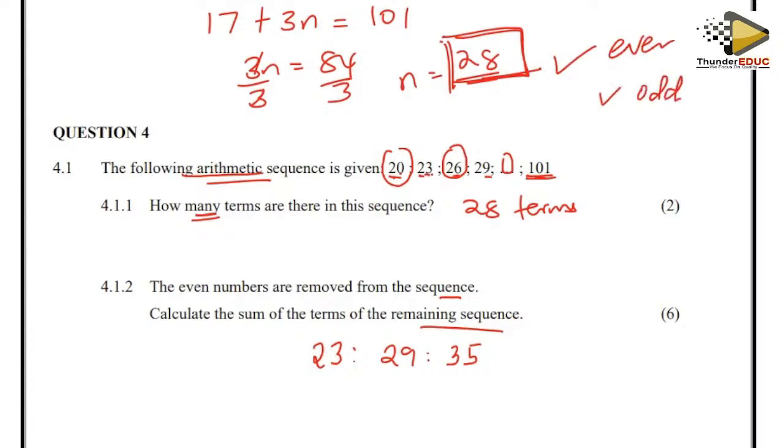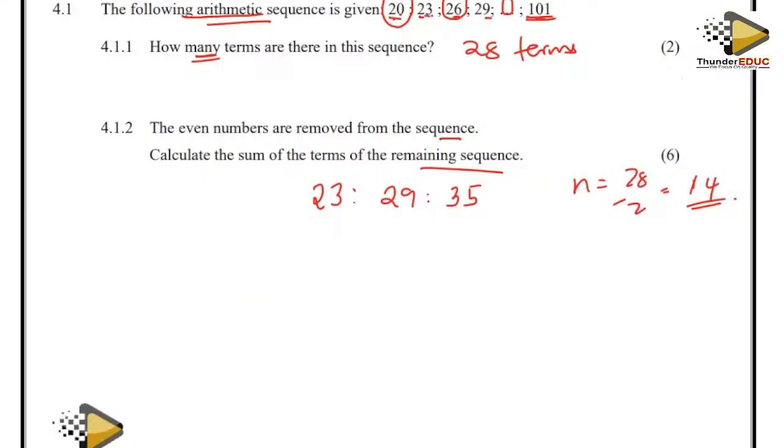So number one, we need to know how many terms there are: 28 divided by 2, which will be 14 terms that we're looking at. From the 14 terms, we don't need to write all of them out and then add them. No, that will be a lengthy process. So from the terms that are left, we know that our a is going to be 23. Okay, and then what is our d? Because 29 minus 23, that is 6.